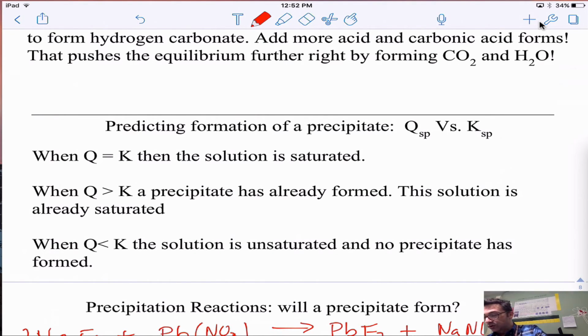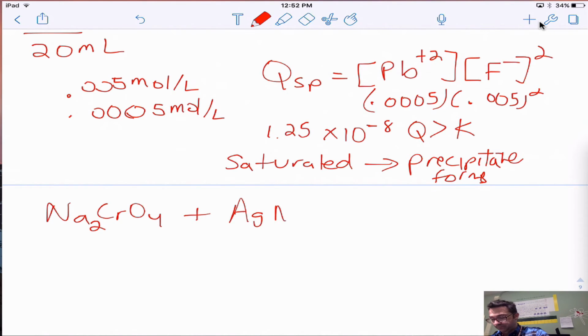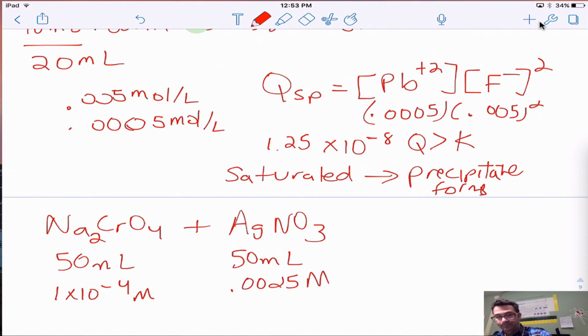So let's try one more problem that you can do on your own, and we can practice it in class together. Let's say that I was going to add sodium chromate to silver nitrate. I have 50 milliliters of a 1 times 10 to the negative 4 molar solution of sodium chromate, and 50 milliliters of 0.0025 molar AgNO₃.